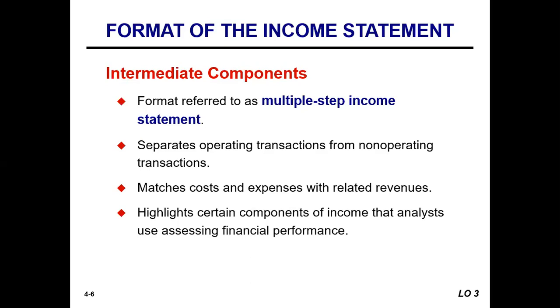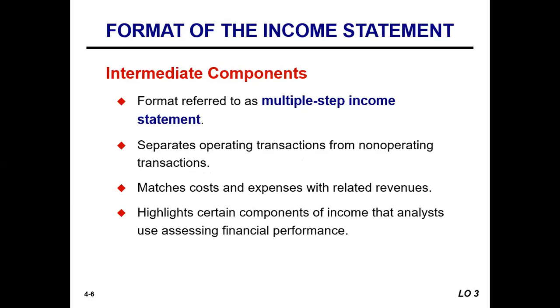So just like it shows here on this multi-step income statement, it separates operating transactions from non-operating transactions. And we're going to see this once we click to the next slide and look at an example of that. And then it highlights certain components of income that analysts use for assessing financial performance. Because the operations, our income from operations, that's our main business activity.